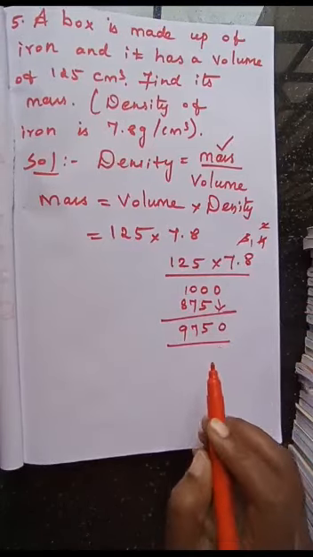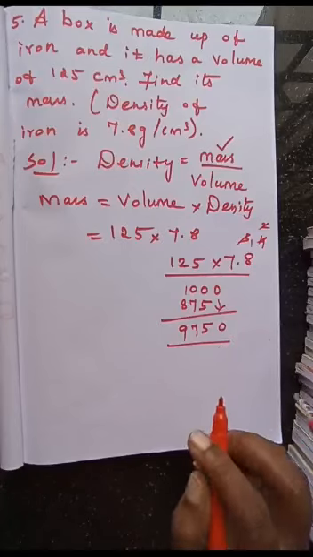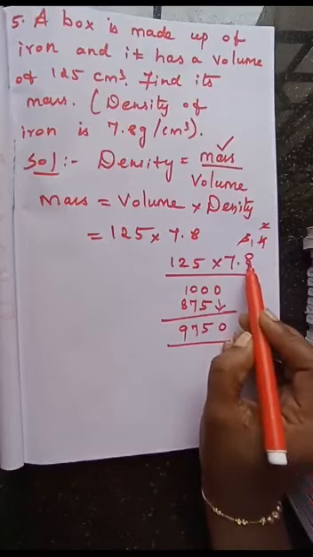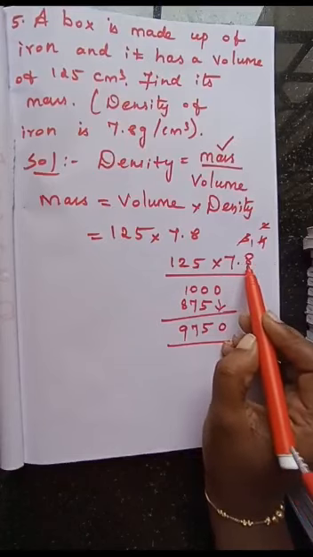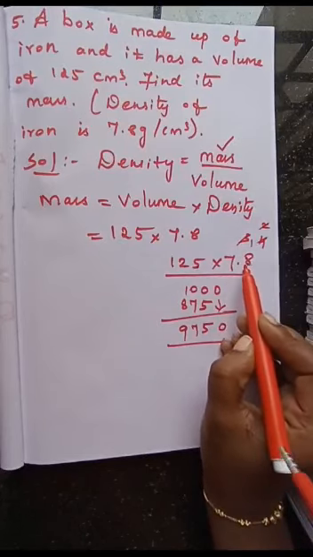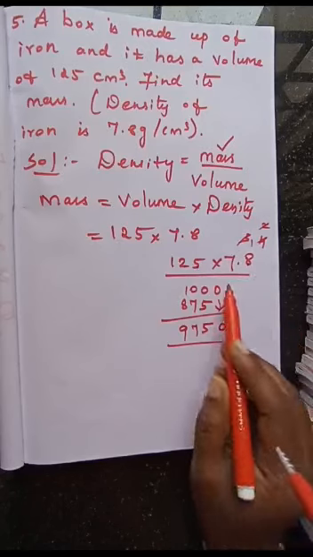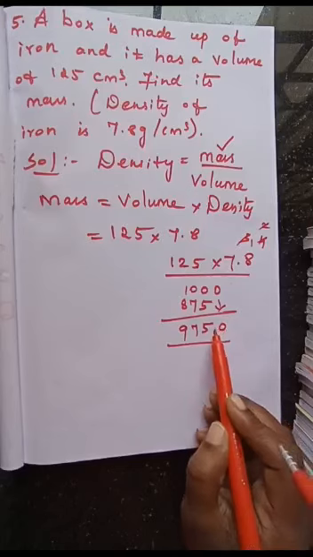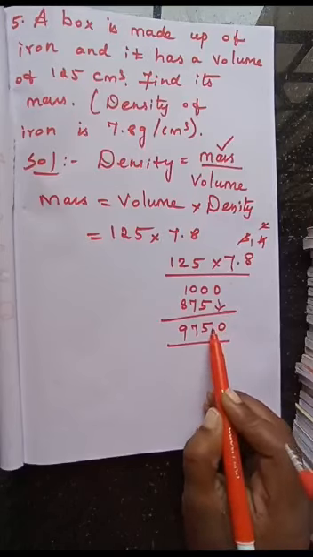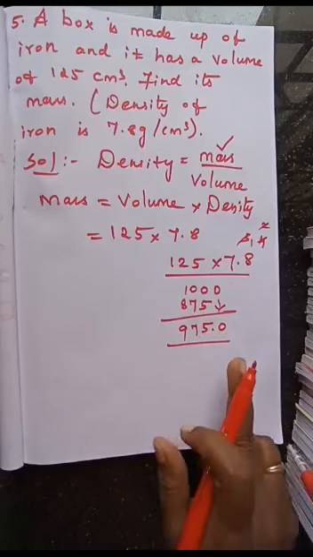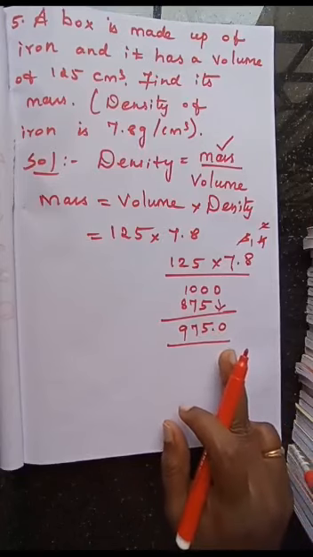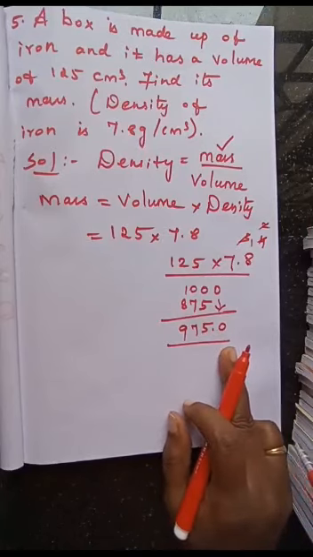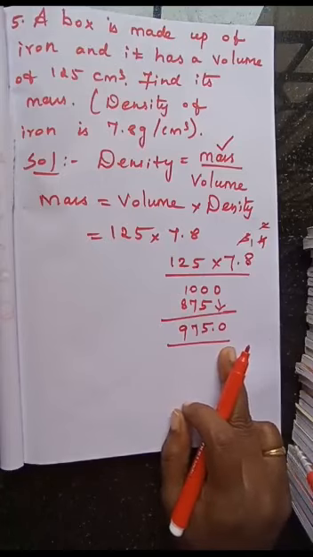After solving this, where should we place the decimal point? In the question, the decimal point is kept in between, before the last digit. So when we are writing the answer, we should keep the decimal point in the same way, not from the last digit. This methodology and placing of the decimal point you have learned in mathematics, the same process.